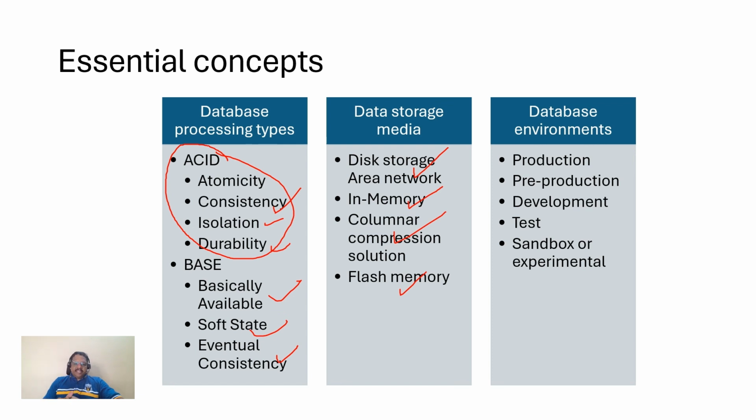Then integration testing is testing the integration pieces. User acceptance, where the end user is testing the feature. Then performance testing, the system is put through its paces to check how responsive, stable, and scalable it is under different workloads. Then sandbox is nothing but a play area, an experimental area.